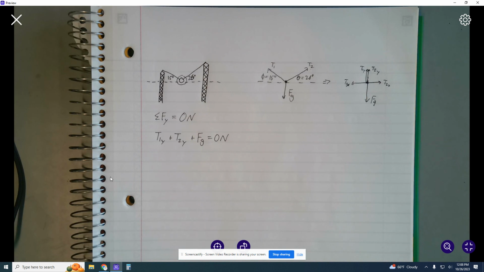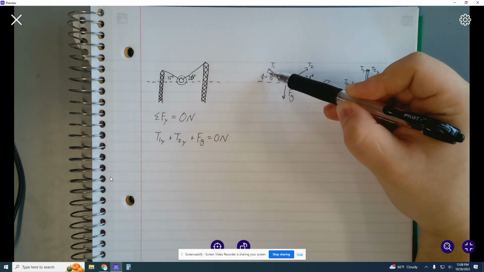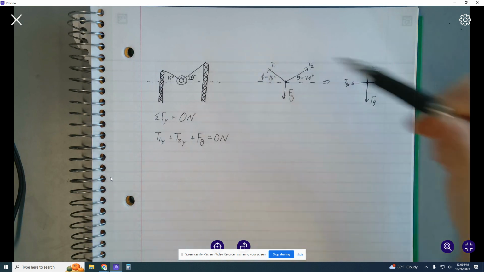I don't like having T1 and T2 in the y here. That's kind of confusing. That's not what I'm solving for anyway. I'm solving for T1 and T2, not the y components of each. So I want to get these in terms of T1 and T2. The way I'll do that is with trigonometry. If I want the y component, the vertical component of T1, I'm going to use sine of 15, my phi value.